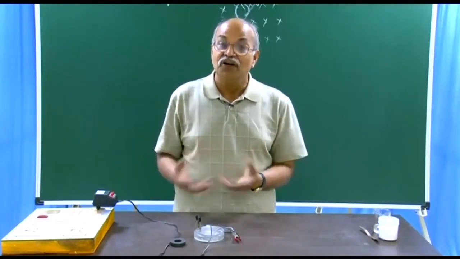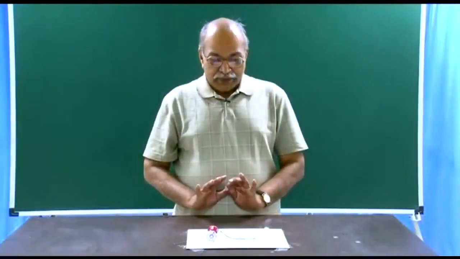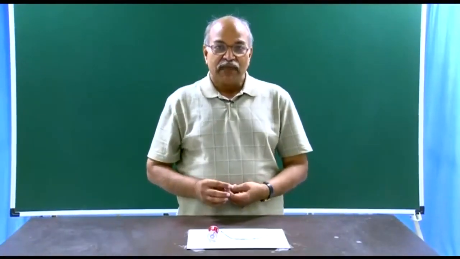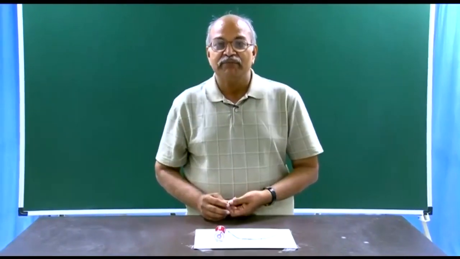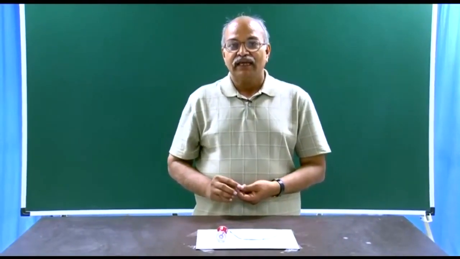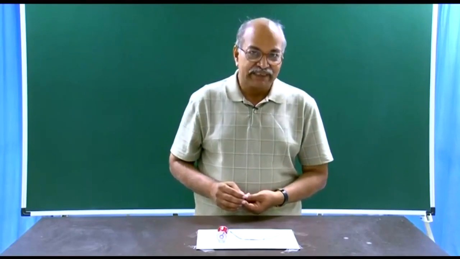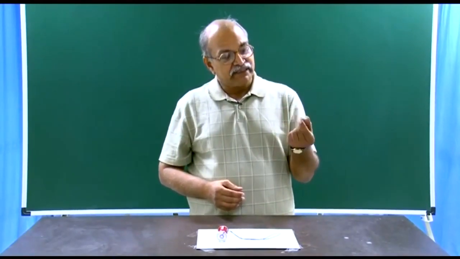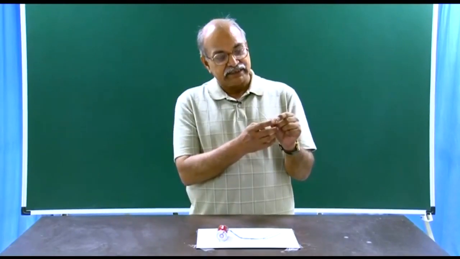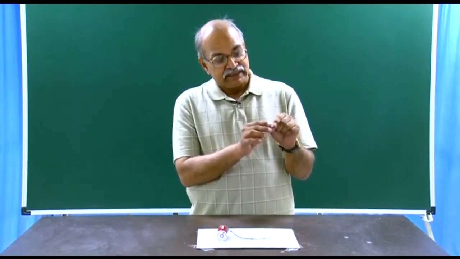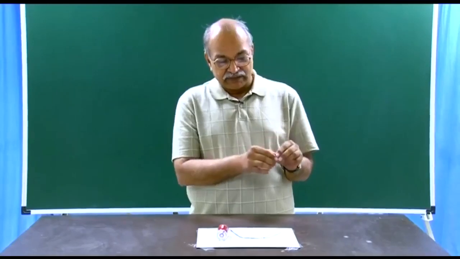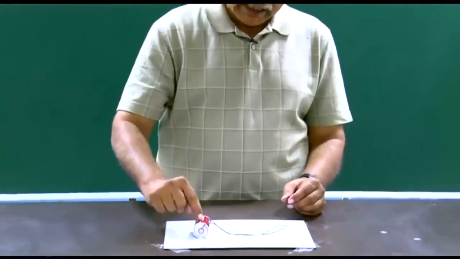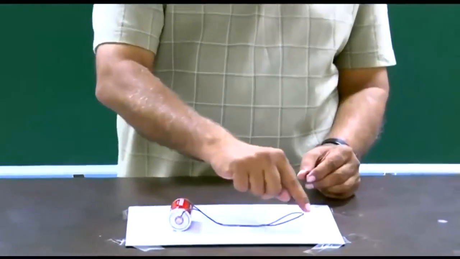Now we will be doing some experiments in which a magnetic field will be created by a permanent magnet and the effect on a current will be seen. I have here a small permanent magnet, this cylindrical shiny magnet, and I will put it on this board on which I have a battery and a wire.